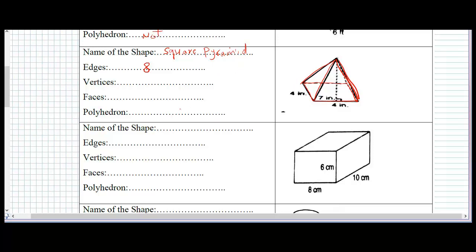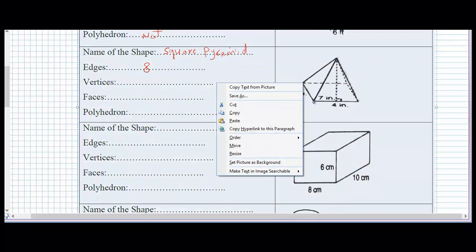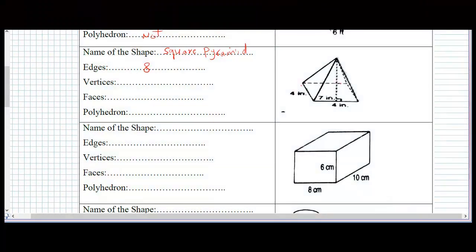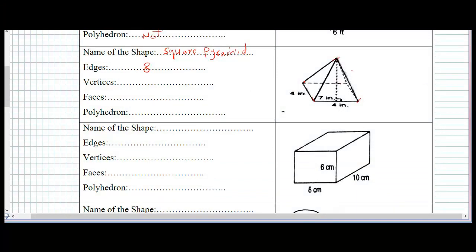Let's go to the next one. How many vertices? First I will delete this. Okay, how many vertices do we have? We have 1, 2, 3, 4, 5 vertices.